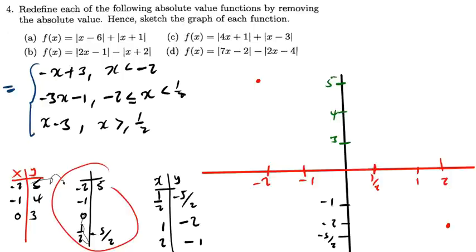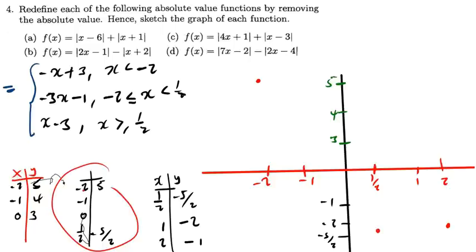So we are starting with the first part. This one we are saying is 1 over 2, 1. This one is negative 2, 5. That point is correct. Then negative half, negative 5 over 2 is here. It should be here. Yes, that's now perfect.